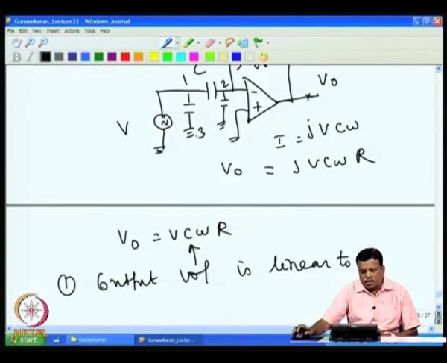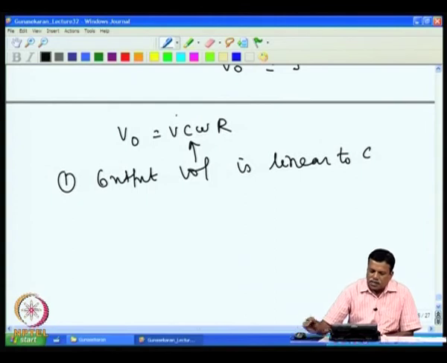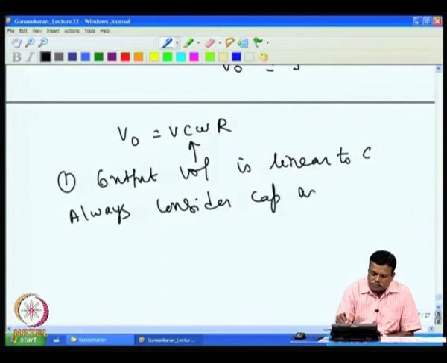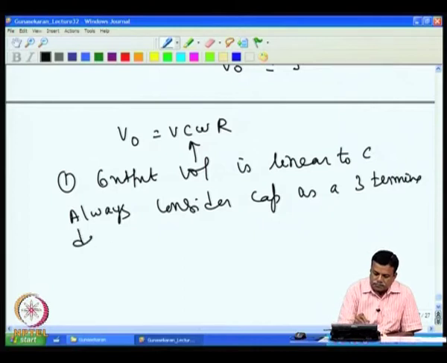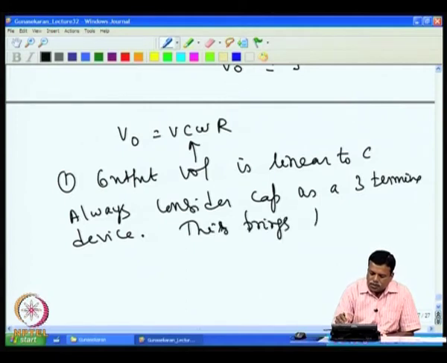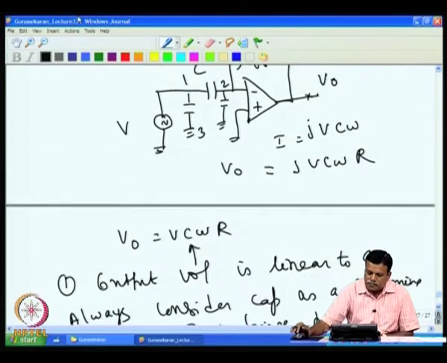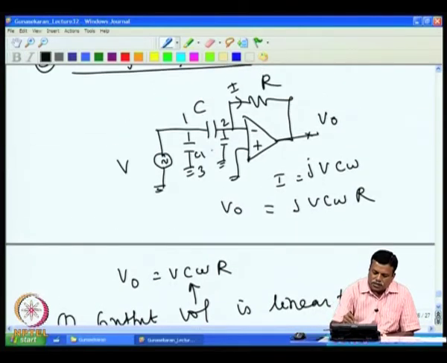So, always consider the capacitor as a 3 terminal device. This brings two stray capacitances, C1 and C2.